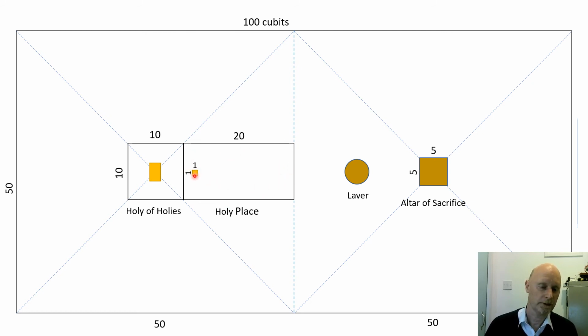I think this speaks of the ascension of Jesus after his time on earth into heaven. I think this side speaks more of the heavenly realm, and this is of the earthly realm. So I think this is the altar of sacrifice, Jesus on the cross, and this is the ascension into heaven.